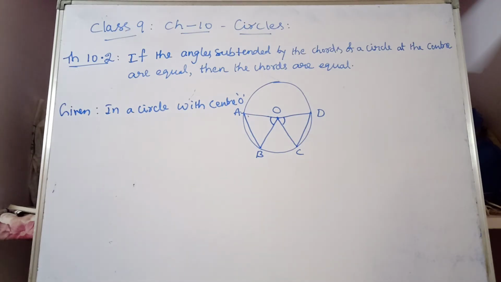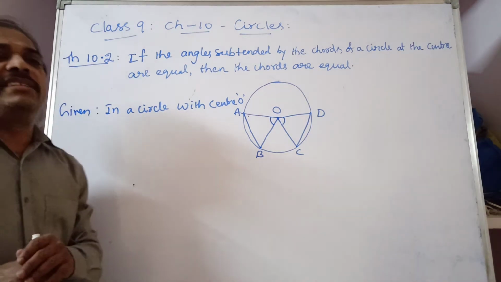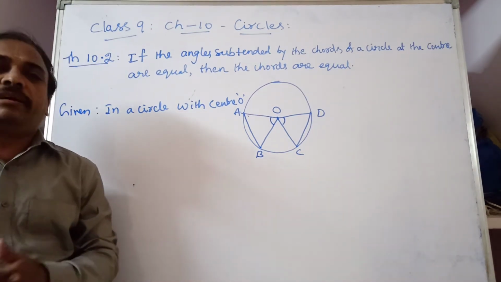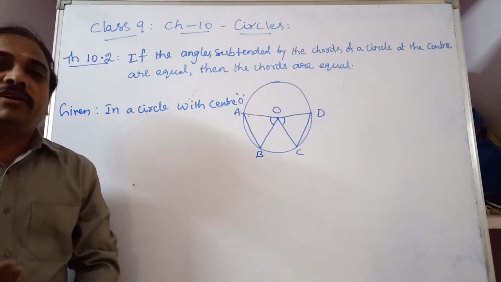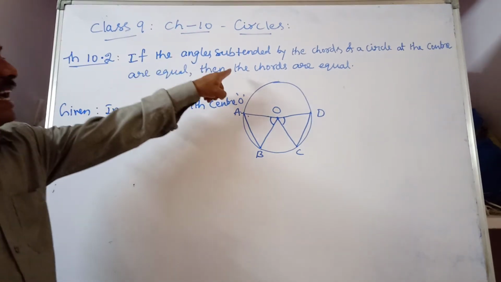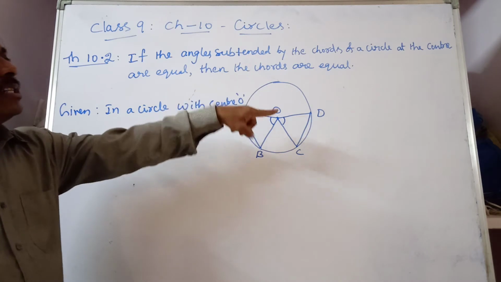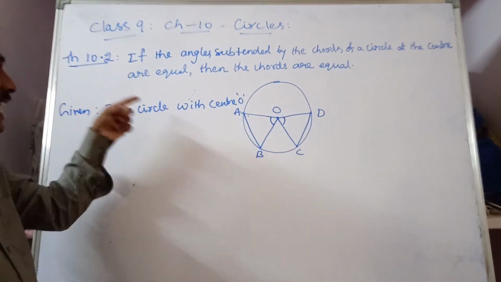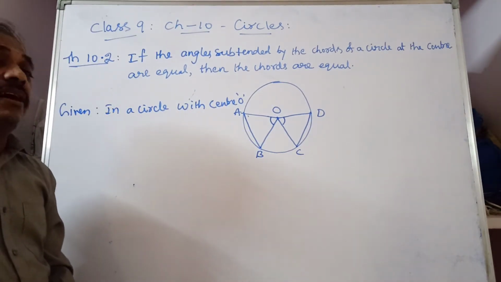Now theorem 10.2, which we can say is the converse of theorem 10.1. If the angles subtended by the chords of a circle at the center are equal, then the chords are equal.